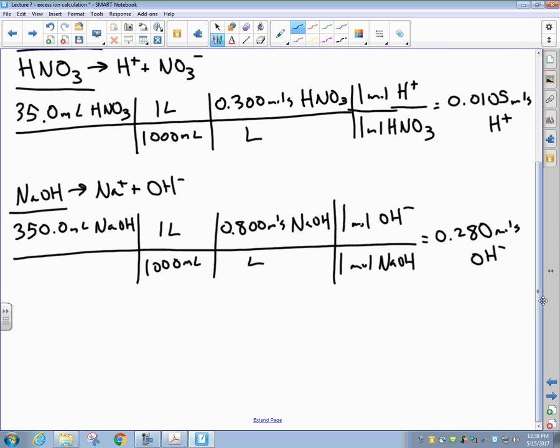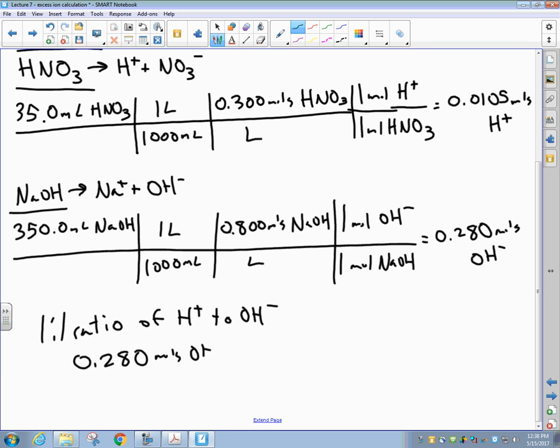We're going to use that so that we can determine which one of these we have an excess amount of. It's fairly simple. You can look at the two numbers and see that the moles of hydroxide are larger. Because we have that 1-to-1 ratio of H positive to OH negative, we can just simply subtract these two values from one another. 0.280 moles of OH minus the 0.0105 moles of H positive.